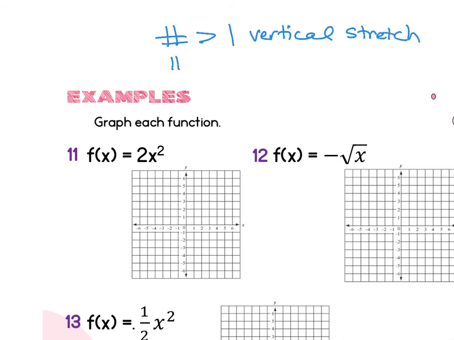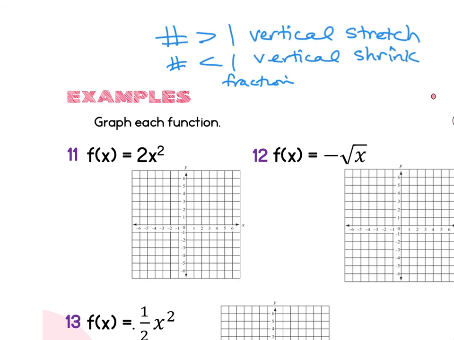When this number is less than 1, meaning it's a fraction, then it's going to be a vertical shrink. So what you're going to do is think of them as taking the ends of your graph and stretching it, and it's going to make it become skinnier. But when you shrink it, it's like they're pushing it down and making it shorter and flatter.